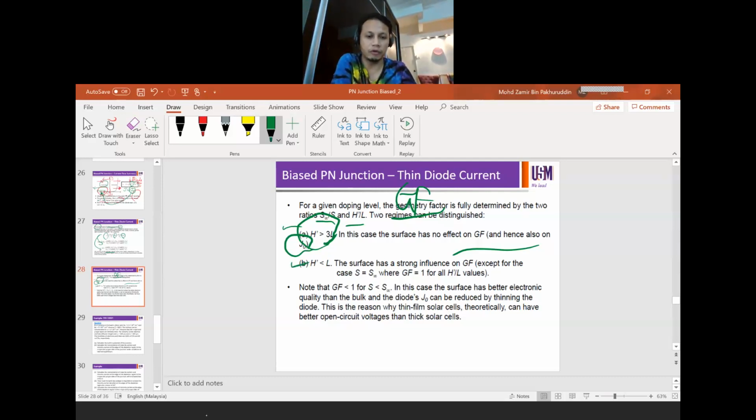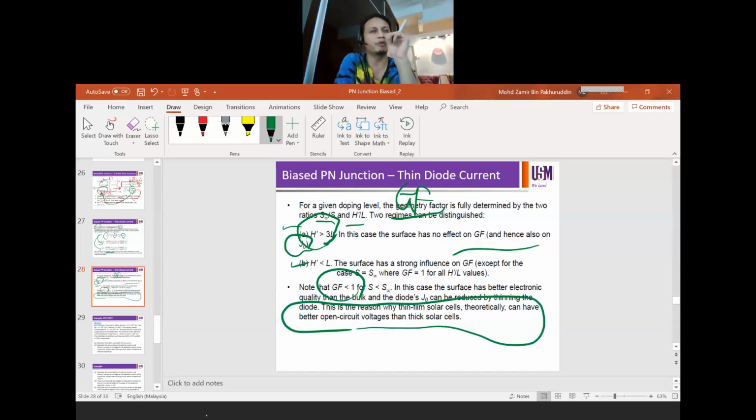Note that GF is up to 1. In this case, the surface has better electronic quality than the bulk, and the diode's J naught can be reduced by thinning the diode. This is more towards solar cells actually.